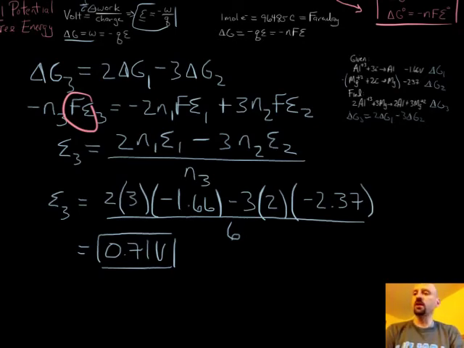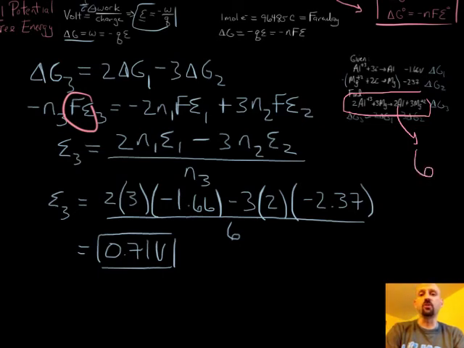Now, if you look at our overall reaction that I'm solving here for N3, we see in this target equation, if you look at the moles of electrons being transported, it's 6 electrons that are coming and going. I have 2 moles of aluminum 3+ turning into 2 moles of elemental aluminum.